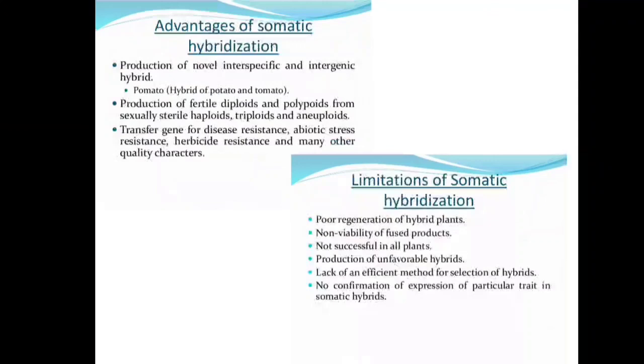Some of the somatic hybrids, particularly when produced by the fusion of taxonomically different partners, are unbalanced and not viable. Regenerated plants obtained from somatic hybridization are often variable due to somaclonal variations, which we will study in higher education. Chromosomal elimination is also a limitation of somatic hybridization.